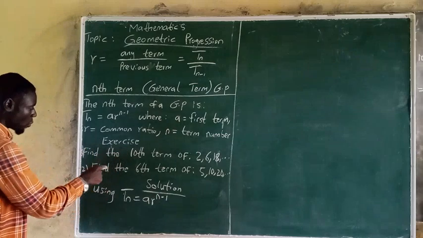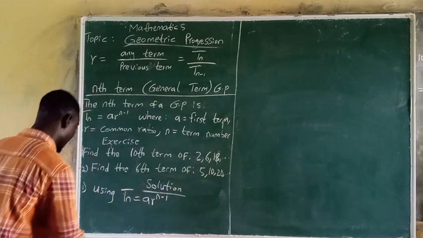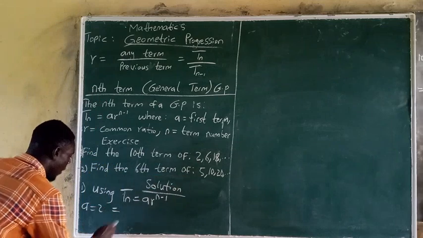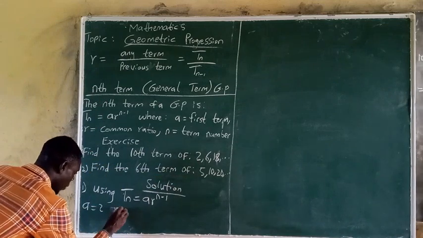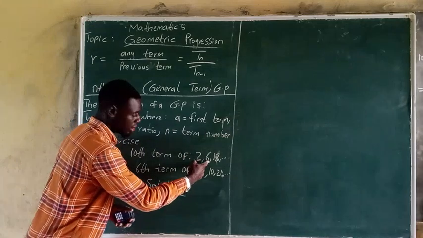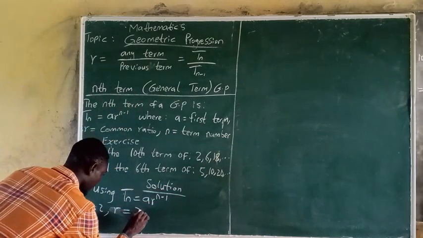From the first one, we want to look for the 10th term. So what are the parameters? Our first term, a, is 2. How do we get our common ratio? 6 divided by 2 will give us 3.